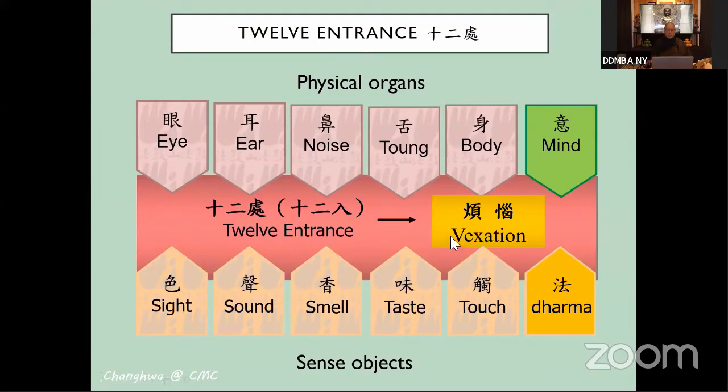We call these the 12 entrances, and because of them, we gain a lot of vexations due to the interaction of these 11 elements, 11 dharmas.